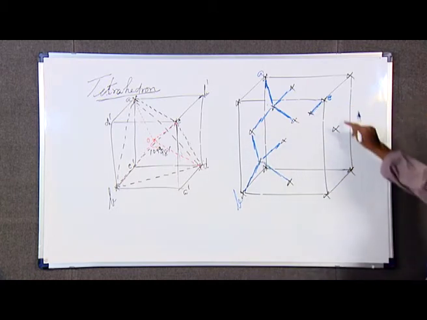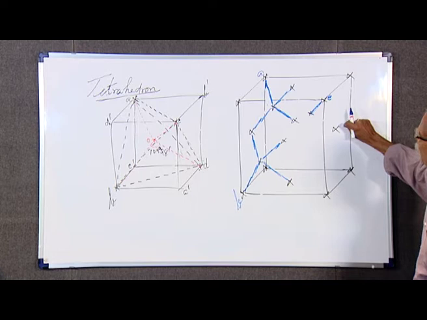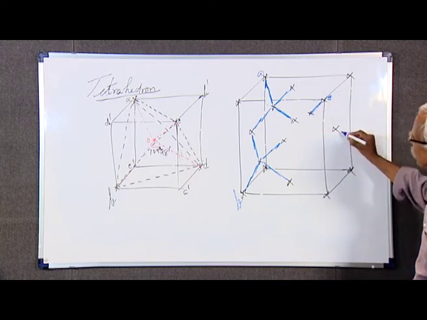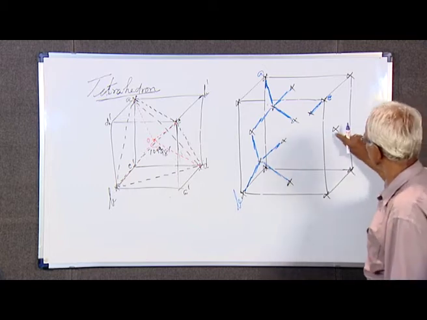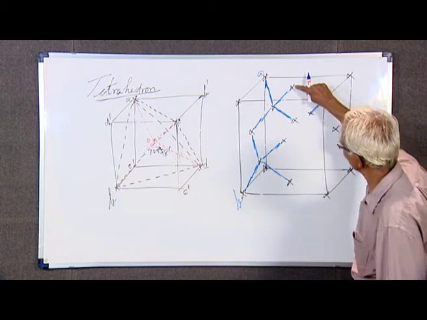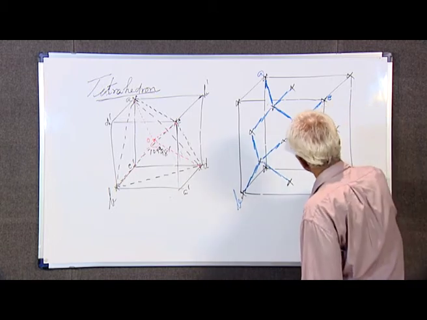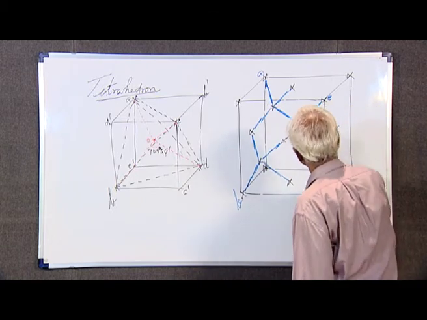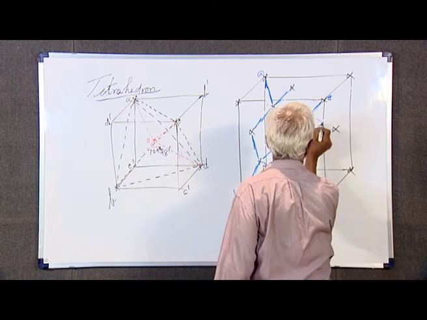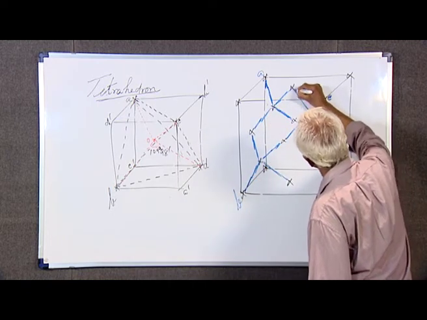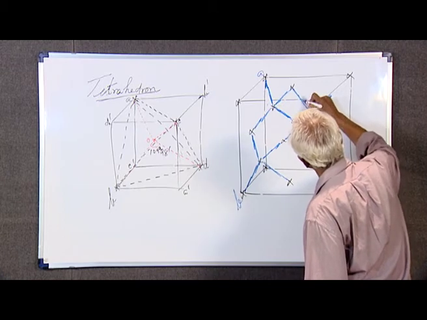The 3 faces which meet at C are right face, top face and front face. Their face centers, this one and this one, join them.